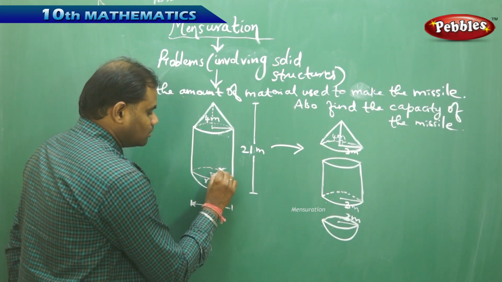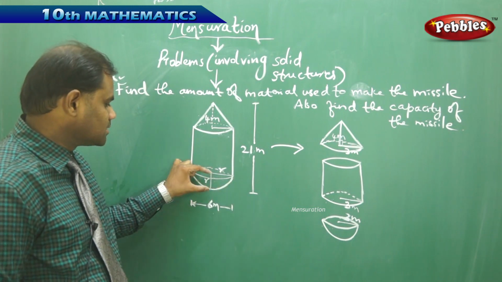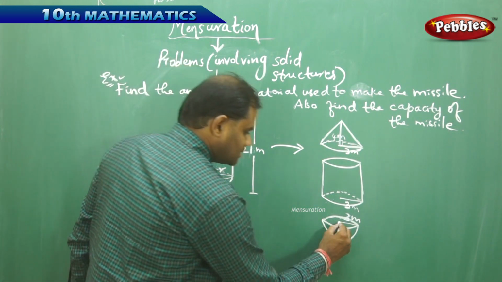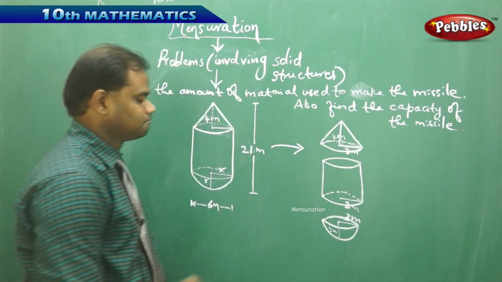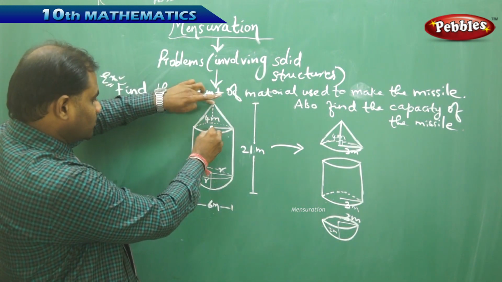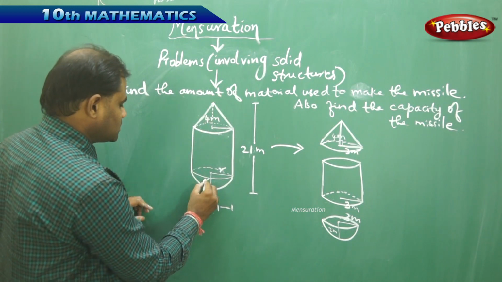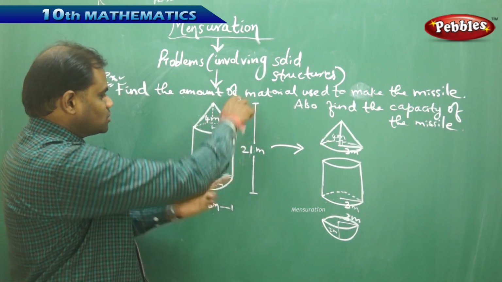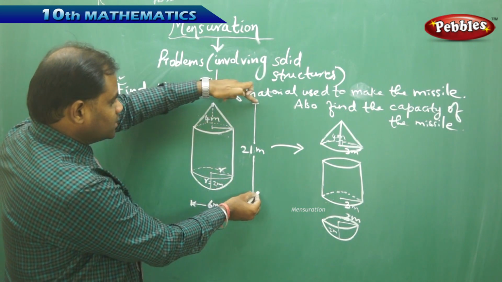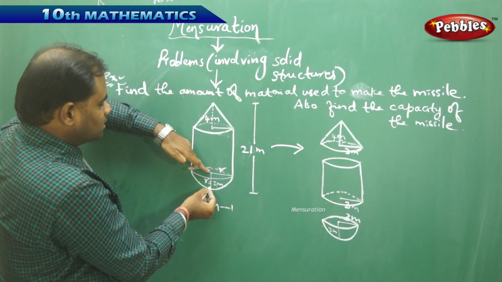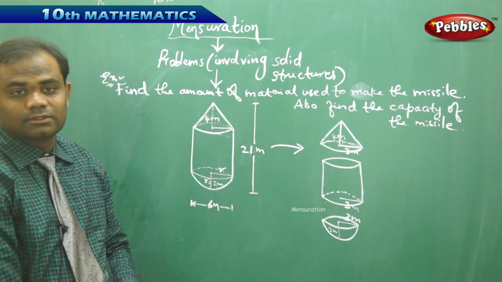The depth of the bowl, what we have discussed, will be the same as this. So this height is nothing but 2 meters out here. Therefore, this being 4 meters and this being 2 meters and this whole thing being 21 meters, 21 minus this gives me the height of the cylinder.